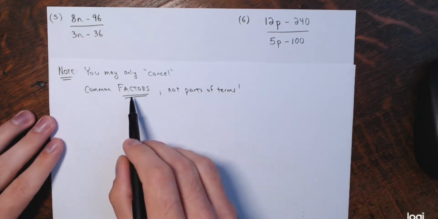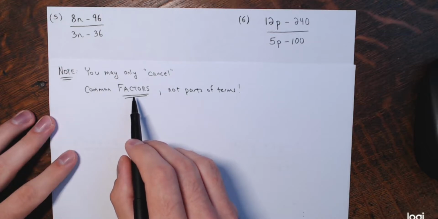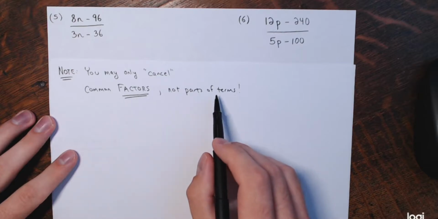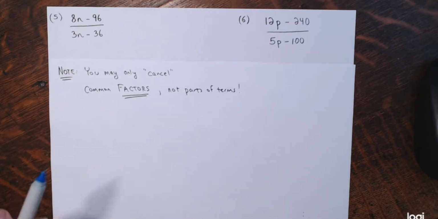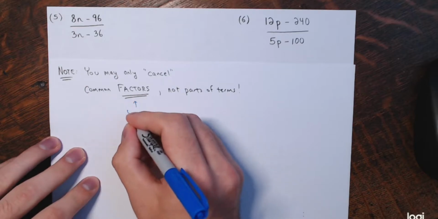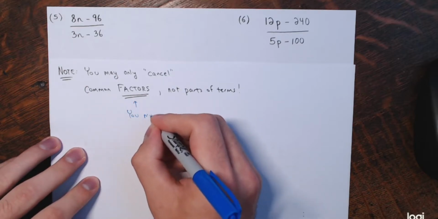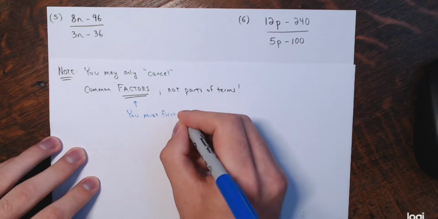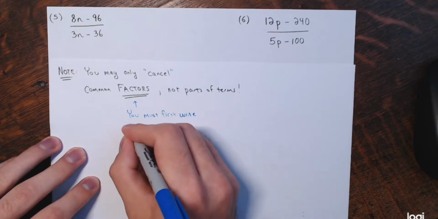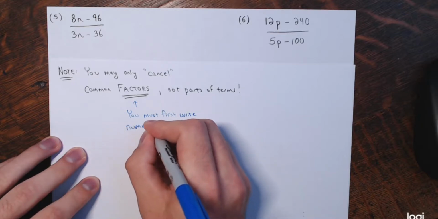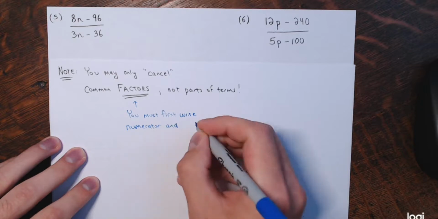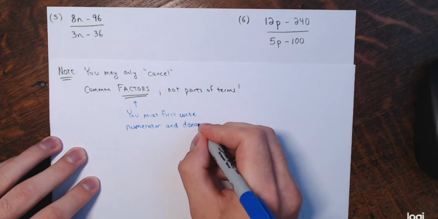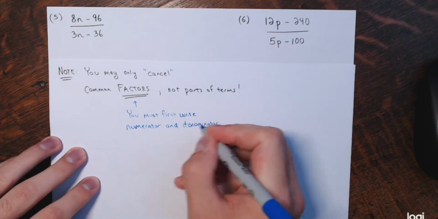This means that you have to write the numerator and denominator as a product, and then you can cancel, not as a sum or a difference. So again, you must first write the numerator and denominator as a product, as a multiplication, before you can start canceling.